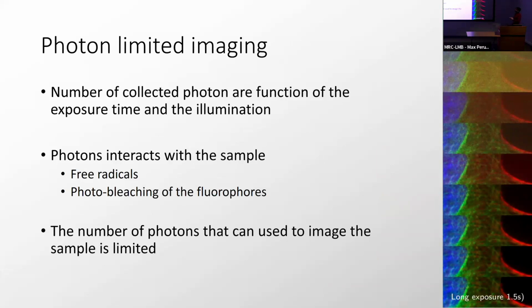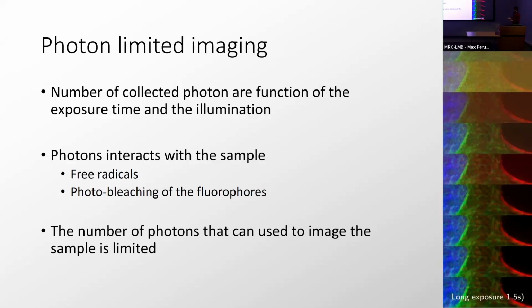One first thing I mentioned at the beginning of the talk is that the images we take are noisy. We are often, by design, in photon-limited imaging, at least in fluorescence microscopy. The number of photons is a function of the exposure and illumination. The photons interact with the sample, so they create free radicals, they bleach our fluorophore.